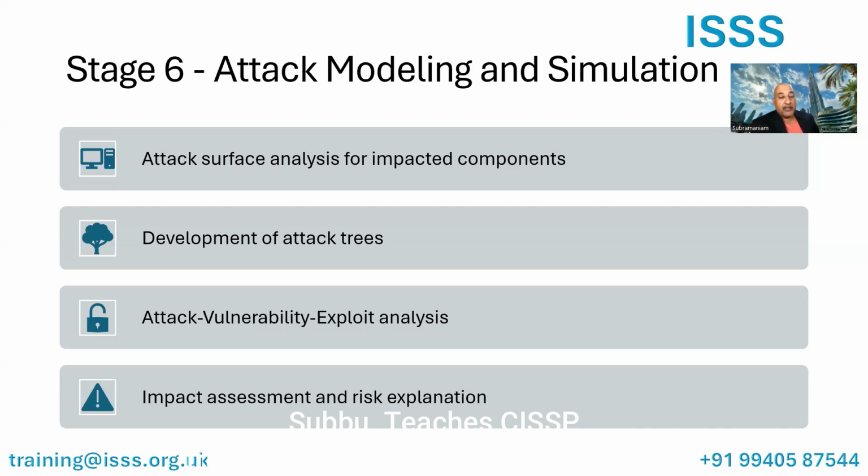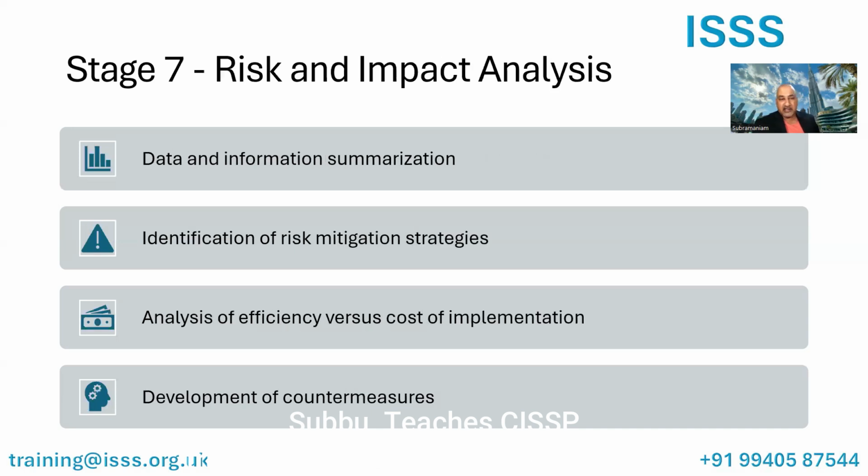An impact assessment and the risk explanation is what you need to have as a part of this stage 6. We are going to have a separate video on PASTA. Securing Systems, I think, is one of the beautiful books that speaks about PASTA threat modeling.